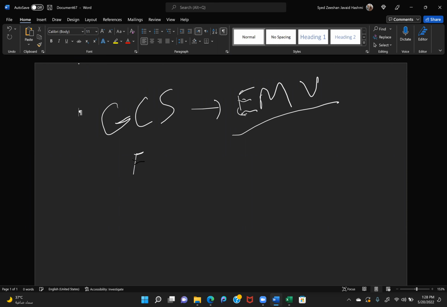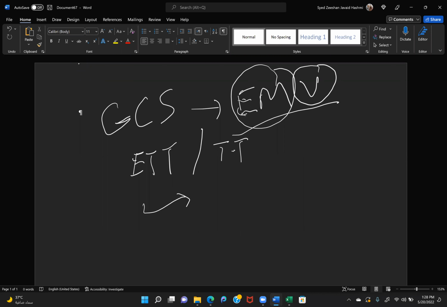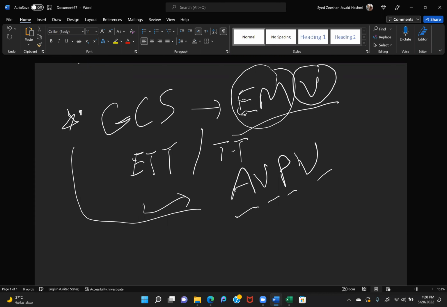Either the patient will have an endotracheal tube or a tracheostomy tube, for example, so you cannot evaluate the verbal part. You have to have some alternative way, or you can use AVPU: awake, verbal, pain, or unconscious. This is one of the ways to see the conscious level.